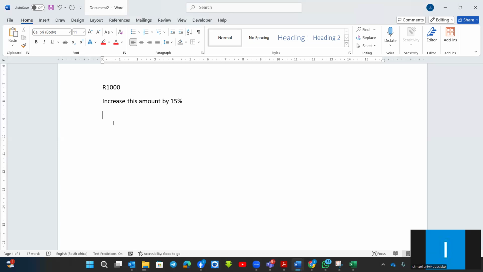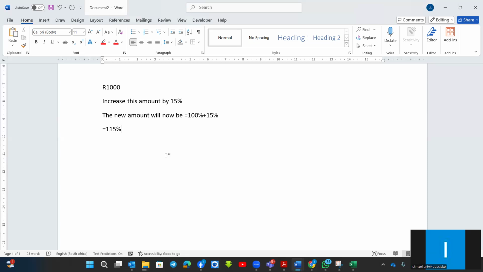So if you are increasing by 15%, the new amount will now be the original percentage, which is 100%, plus the additional percent, which is 15%. So the new percentage for this increase will be 115%.